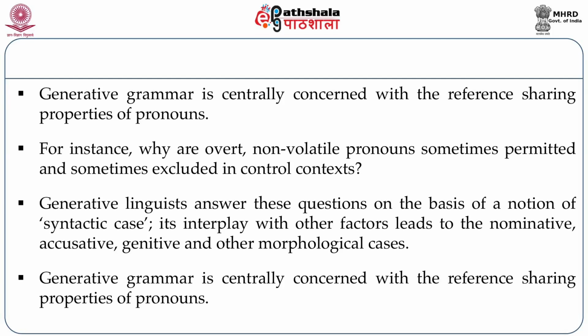Reflexives are always anaphors. Reciprocals, like each other, are always anaphors. And you've just heard about a 3rd subclass, personal pronouns in contexts of bound anaphora, where they count as bound anaphors. Those also are anaphors. So anaphors are of 3 types: reflexives, reciprocals, bound anaphors.